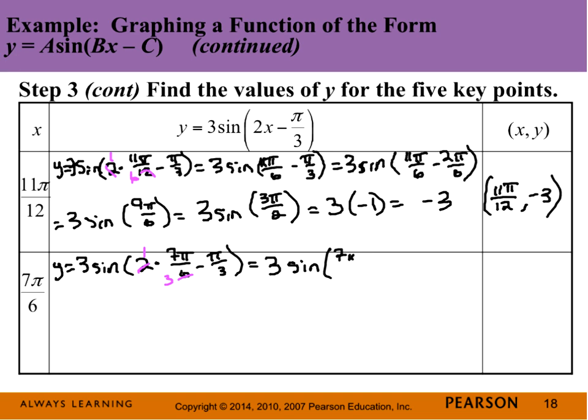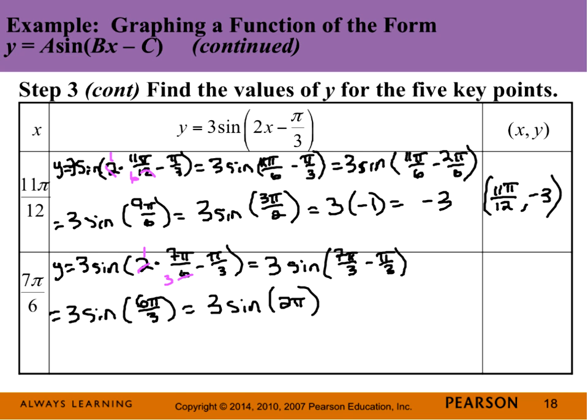So I have 3 times the sine of 7 pi over 3 minus pi over 3, which is 3 times the sine of 6 pi over 3, which is the same thing as 3 times the sine of 2 pi. And the sine of 2 pi is 0. So I end up with 7 pi over 6 and 0. So next step is to put it on the graph.